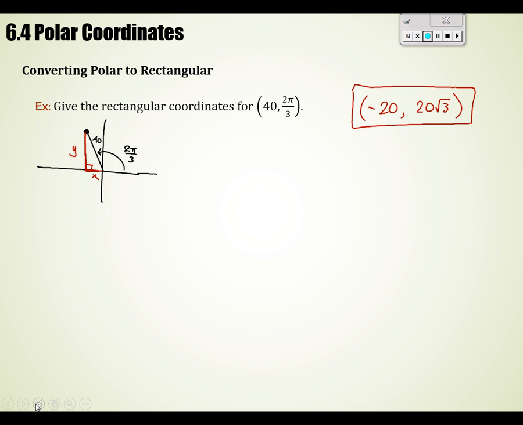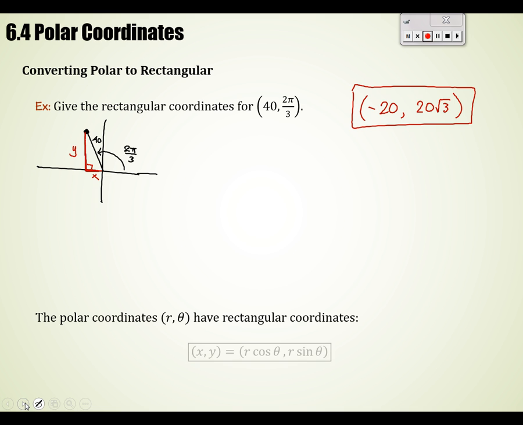I think that the way I just explained it is a good way, maybe just because it generalizes nicely, and we like sines and cosines, don't we? So in general, r, theta has rectangular coordinates r cosine theta, r sine theta. We just multiply 40 times the unit circle coordinates, right? Maybe that's a good way to say it. So up here we have x equal to r cosine theta, which in this case is 40 times the cosine of 2 pi over 3, which is that.